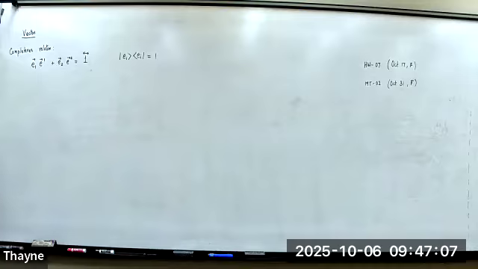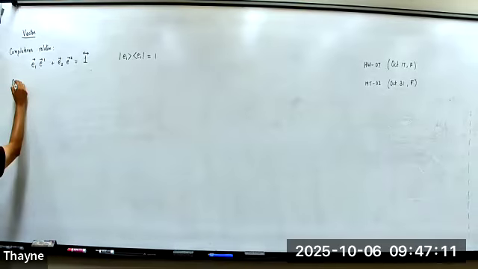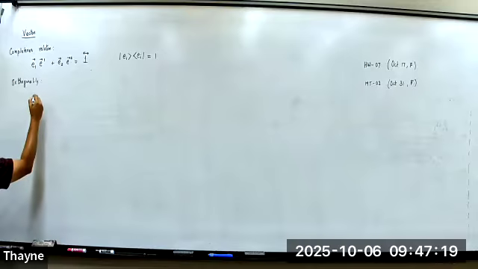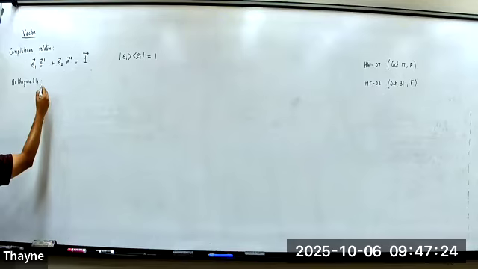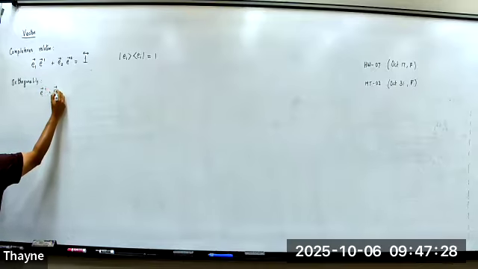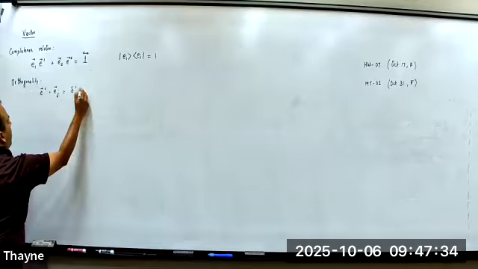And then there is also an orthonormality condition, or orthogonality condition, and that is that e_i dotted with e_j is equal to delta_ij.